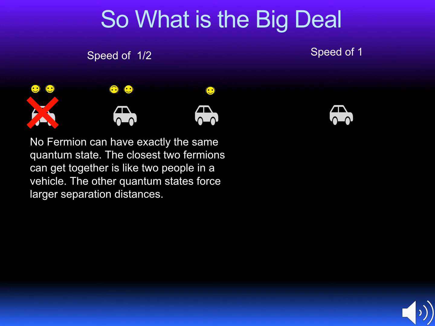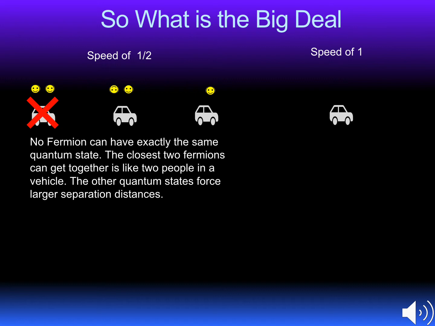So in this example, I'm going to try and use vehicles to explain the difference between fermions and bosons. The goal is to give you an appreciation for why spin is so unusual. So let's take a vehicle and we'll say that these vehicles represent allowable spins in each quantum state. On the left-hand side, we have cars, and on the right-hand side, we also have a car.